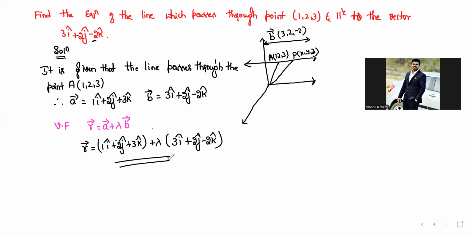So this is the equation we can get. In this diagram you can clearly understand this: position vector is vector A, and this is vector R, and this is vector B.